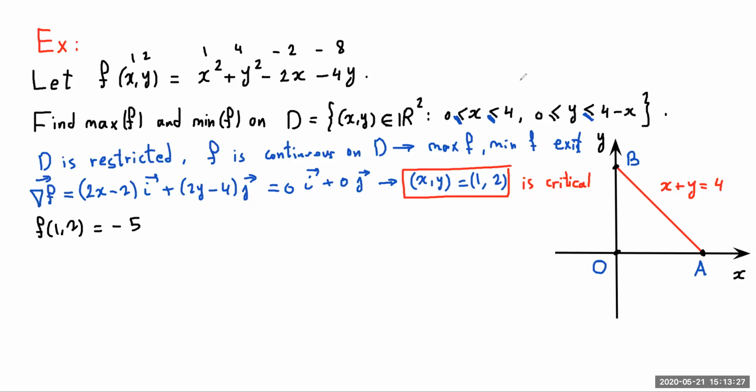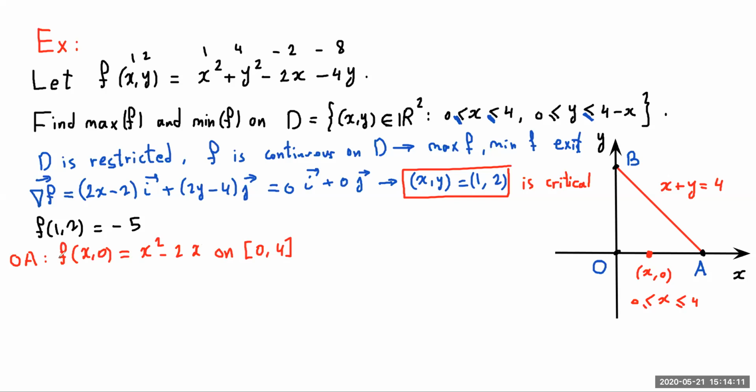Let's take OA, the first side. Any point here, y will be 0, and x any real number from 0 to 4. So f at (x,0) is x^2 - 2x on the interval [0,4].